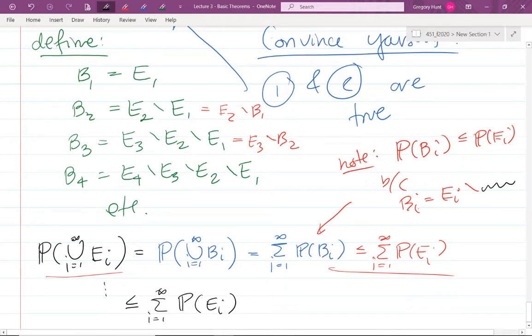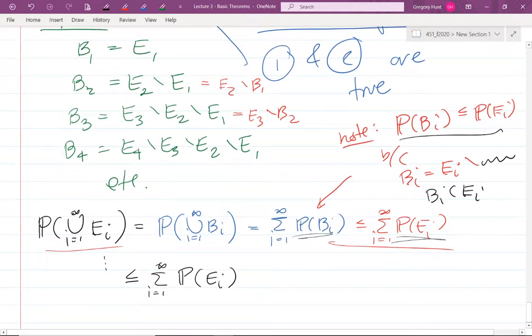The previous result says that B sub I is a subset of E sub I. So the probability of B sub I has to be less than or equal to the probability of E sub I. And so if the probability of each of these things is less than each of these things, we get an inequality, and we get the result we want.